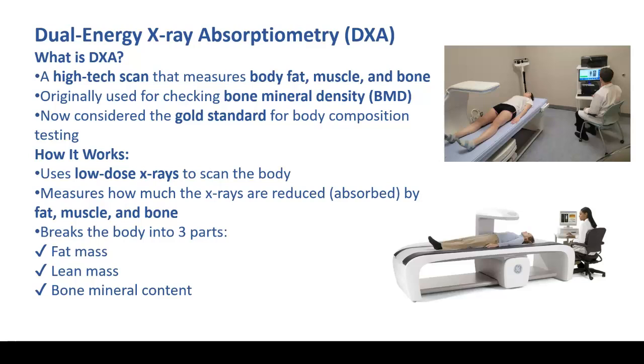We have another one. This is DEXA, and DEXA is a special body scan that shows how much your body is made of three components: fat, muscle, and bone mineral content. It is very detailed and accurate, and doctors often use it to check bone strength.